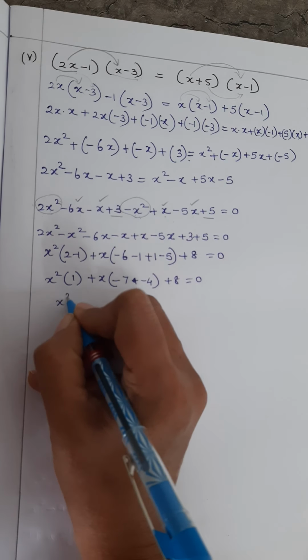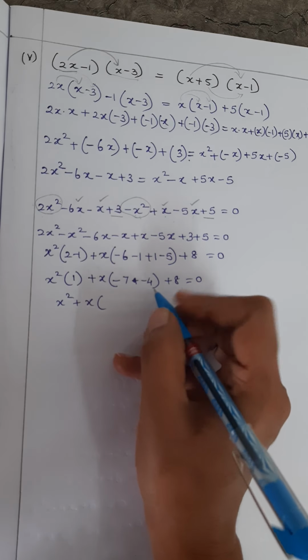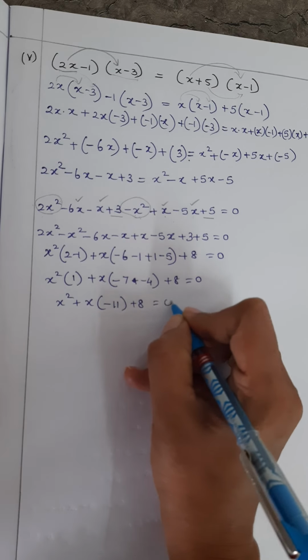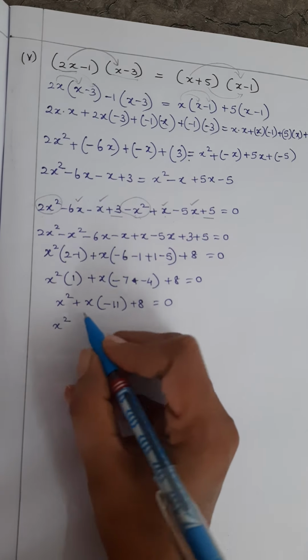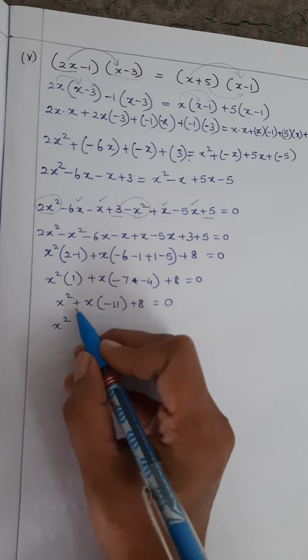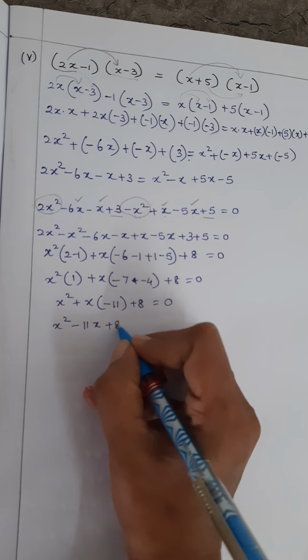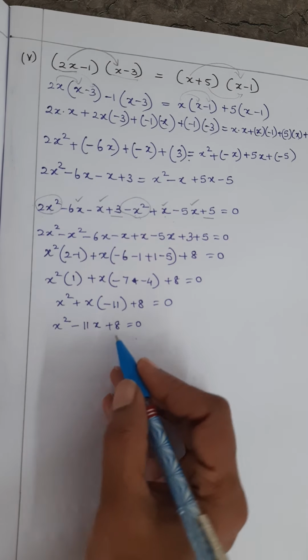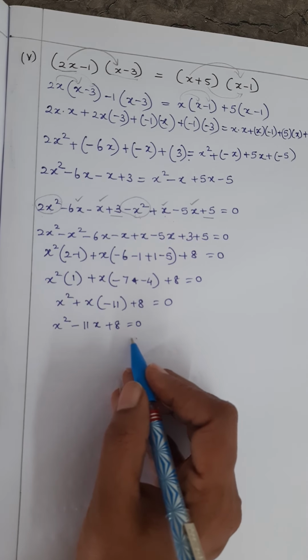That is x square plus x into what is minus 7 minus 4? Minus 11 plus 8 is equal to 0. Alright, so this becomes x square. Now remove the bracket and multiply. Plus into minus is minus 11x plus 8 is equal to 0. Okay, this is the final. You cannot simplify it even more. Okay, so this is the final simplification.